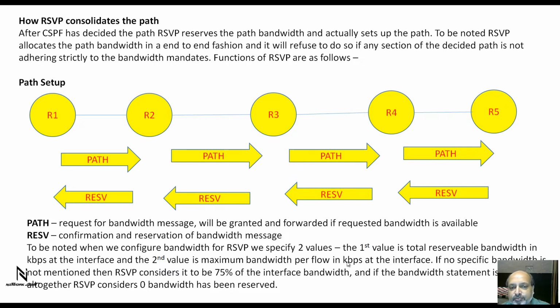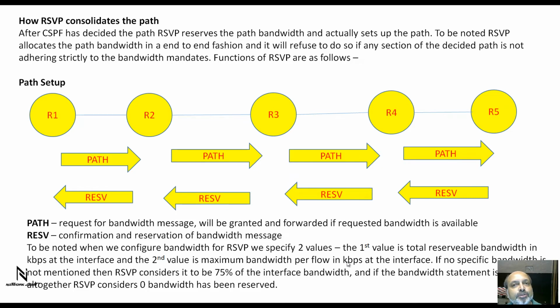Yes, we have reserved certain bandwidth. Now, whenever any single data flow comes, what is the maximum bandwidth that it can consume out of this 75 kbps? That is, say, 25 kbps.